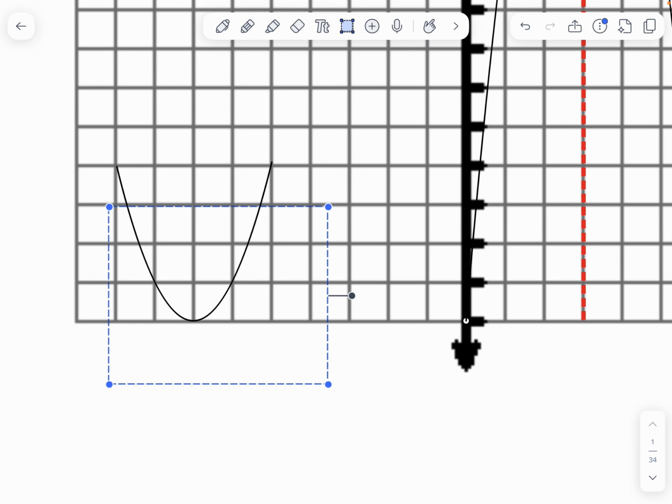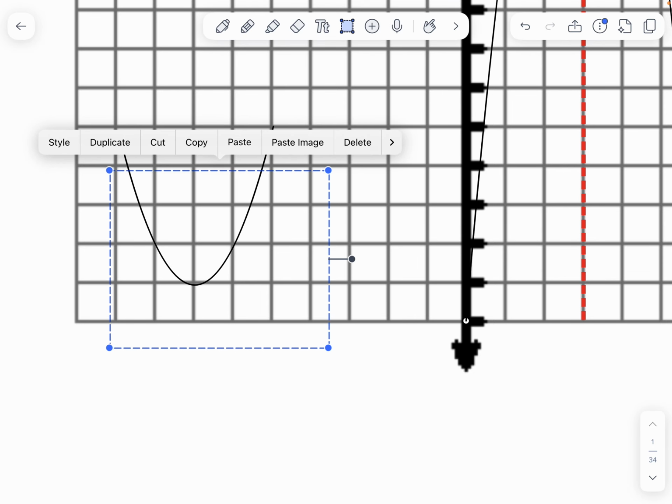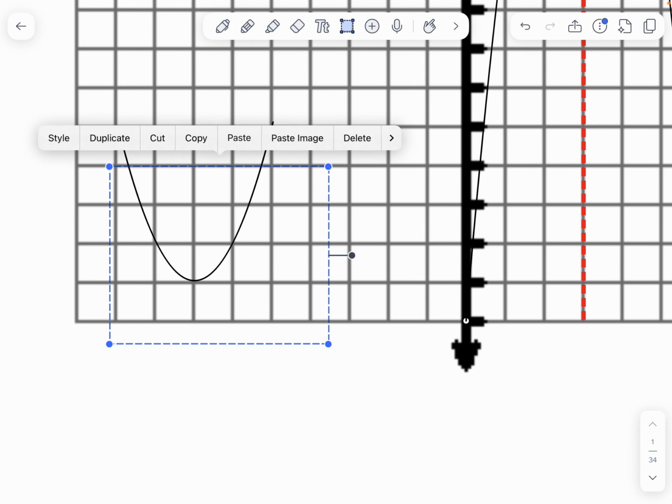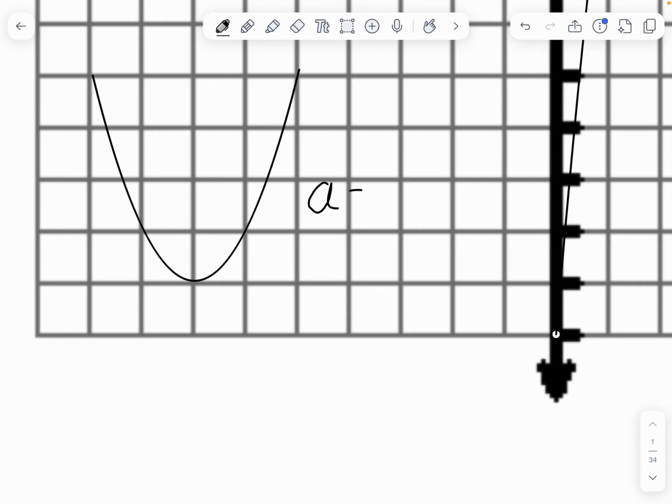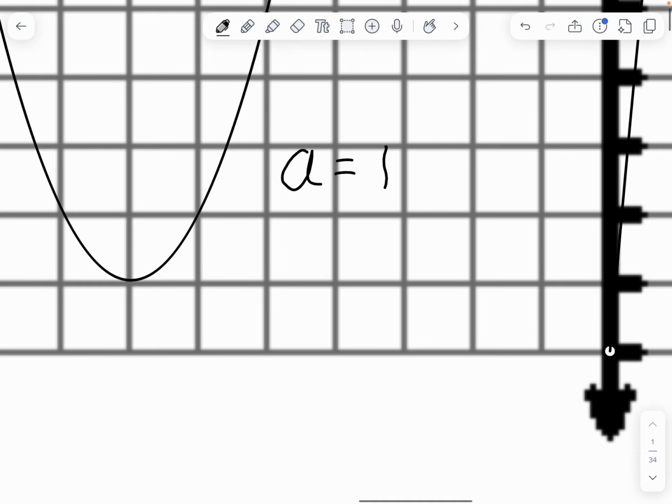So this is a parabola, and the focus, since this has an a value of 1, the focus will be 1 over 4 times 1, so equals 1/4.